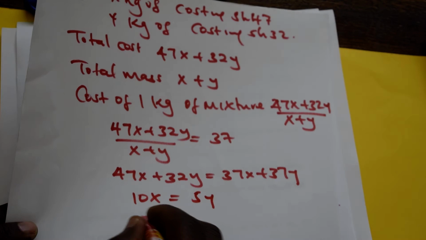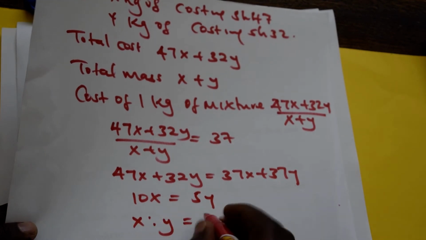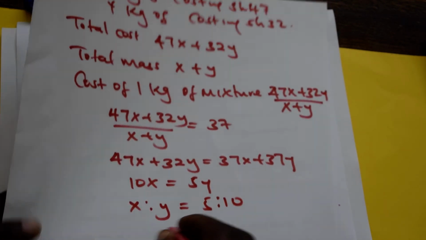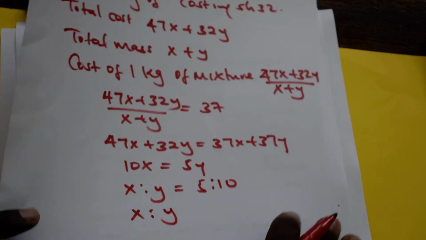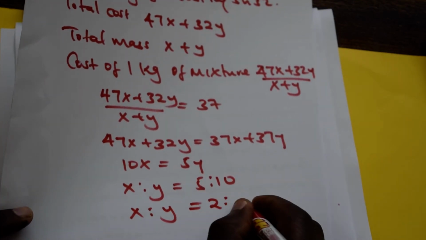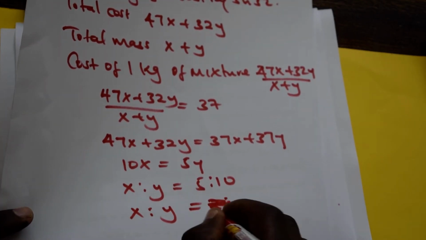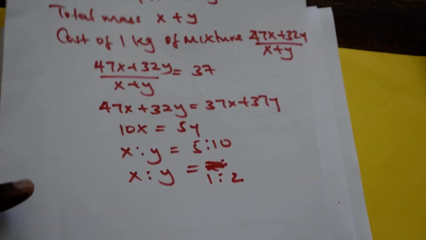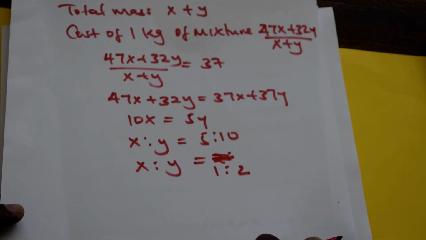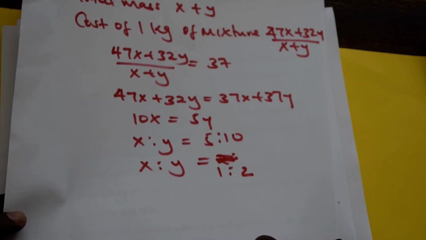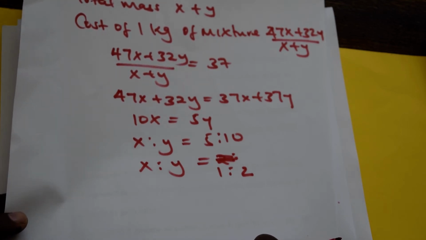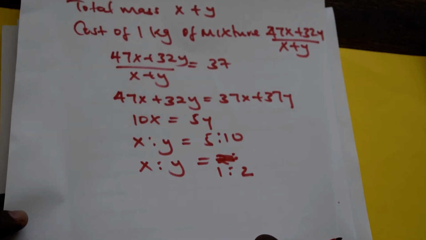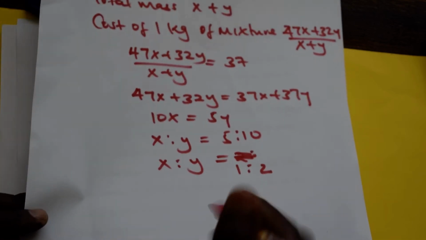So we look for the ratio x to y, and this will be 5 to 10, and the ratio should be simplified. Therefore, we are going to get 1 to 2. So we are going to take one proportion of paint costing 47 and 2 proportions of paint costing 32 shillings. So this is the ratio.